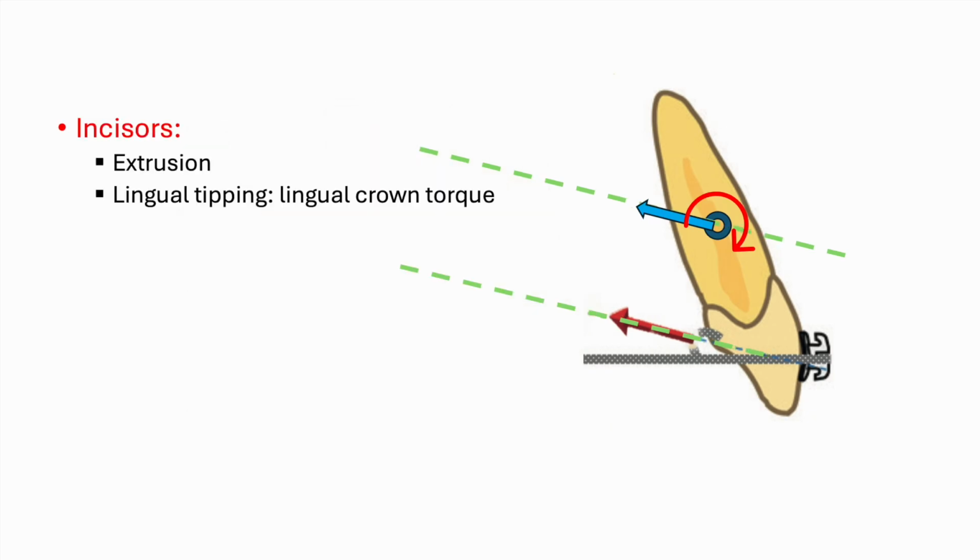Transposing the force vector to the anterior CR creates a clockwise moment. This causes the incisors to extrude and tip lingually, while the canines intrude slightly and tip distally. This is the exact opposite of what we want. We wanted intrusion, but we get extrusion and lingual tipping.